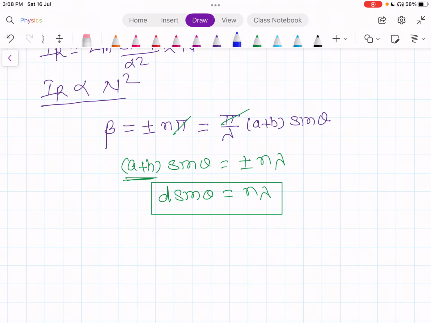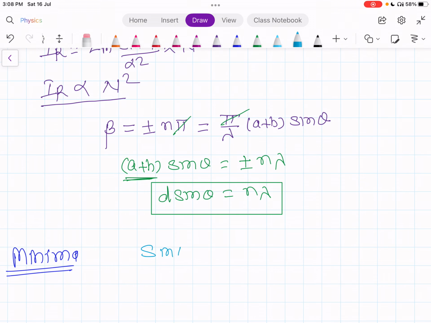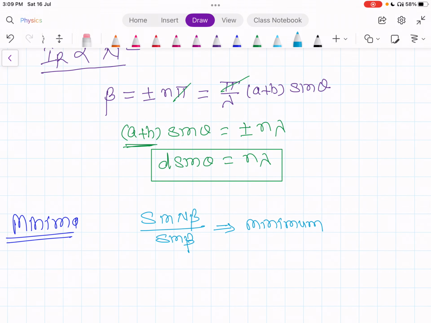Then find the condition for minima. For minima, this term sin n beta upon sin beta should be minimum, and this would be minimum when this sin n beta is equal to 0.